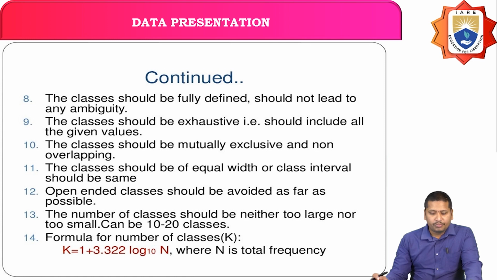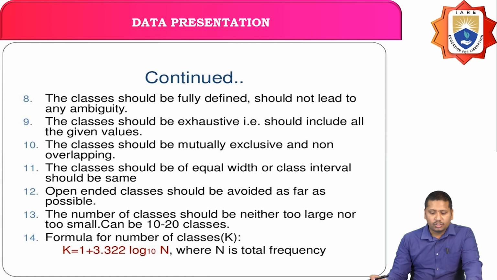Continuing with the principles for the classes we create: they should be fully defined and should not lead to any ambiguity. The classes should be exhaustive, so that they include all the given values. The classes must be mutually exclusive and not overlapping.